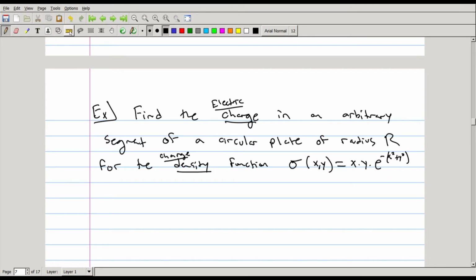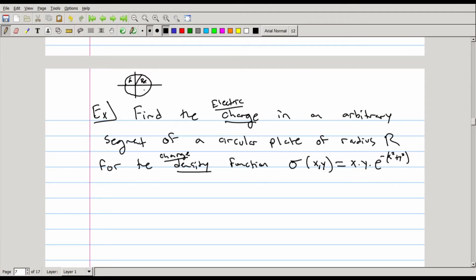And we know what the density plot of this function looks like. We know that a circular plate of radius r is going to look like this.